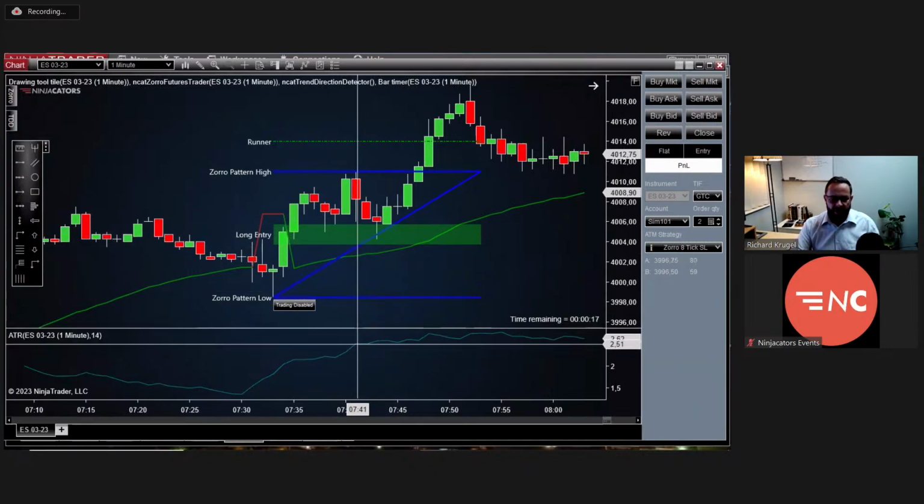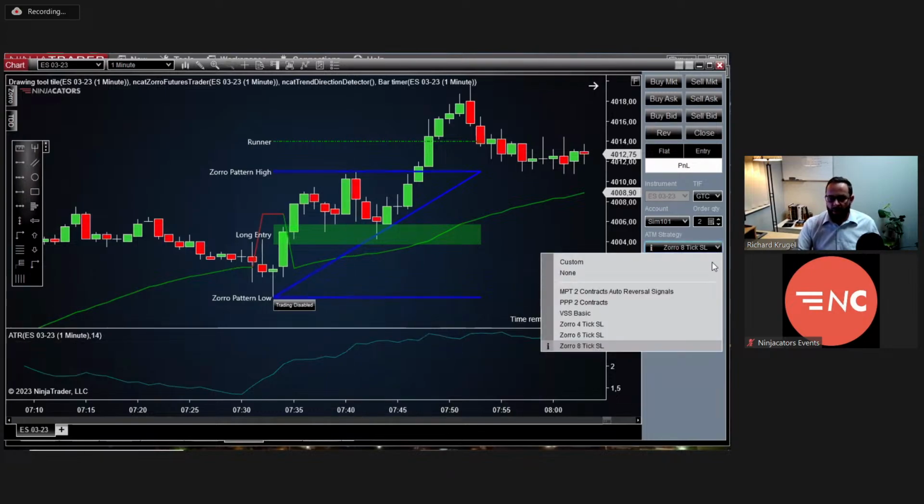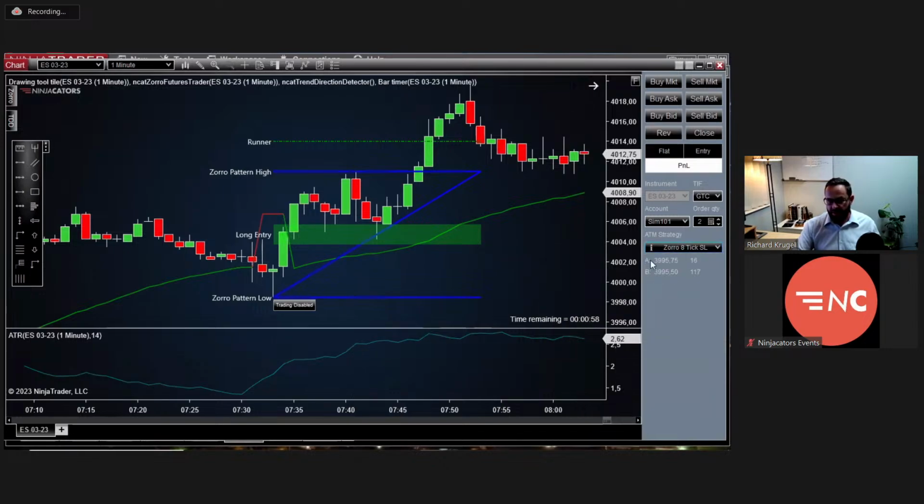So according to what the ATR is, I created here an ATM strategy, which then looks at the ATR. You have to then manually go and see, listen, there are 3 of them, and I need to select, according to what the ATR is telling me, the right trade management strategy, or the automated trade management strategy.